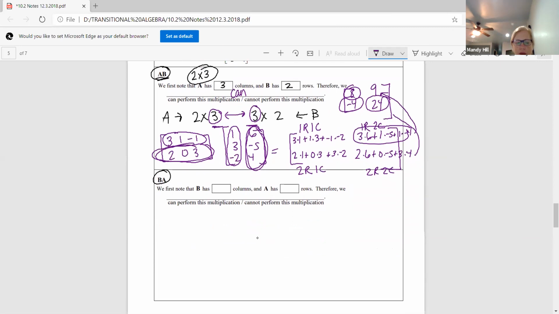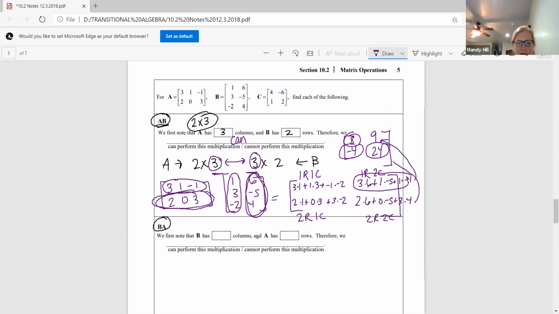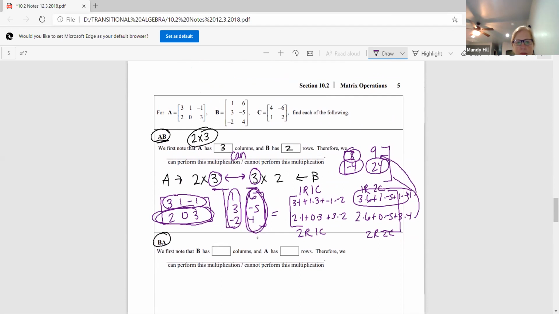So can we do B times A? Well, B has 3 columns. B has 2 columns and A has 1, 2. Sorry, my brain went somewhere else.